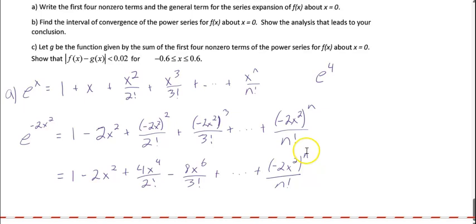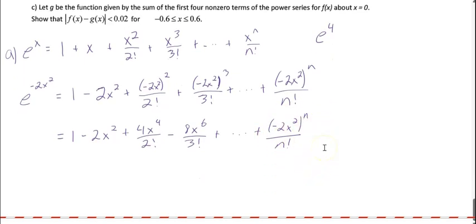This is the inside of the summation that we're doing. This is the sum from n equals blank to infinity of negative 2x squared to the n over n factorial. And I'm going to put n equals 0 here. Why does it start at n equals 0? Because that gives us this term right here to be 1. Hopefully you're okay with that.